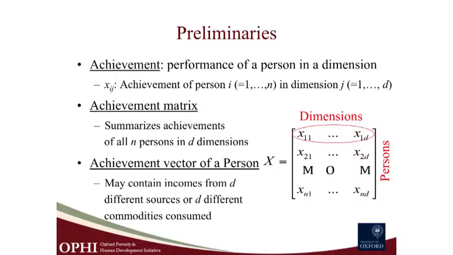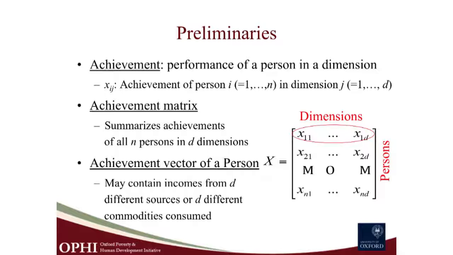And all these achievements of n persons, so our society has n persons, and poverty is measured by d different variables. We assume that these achievements of all n people in d variables are summarized by a matrix that we call capital X. So this matrix has n times d elements.